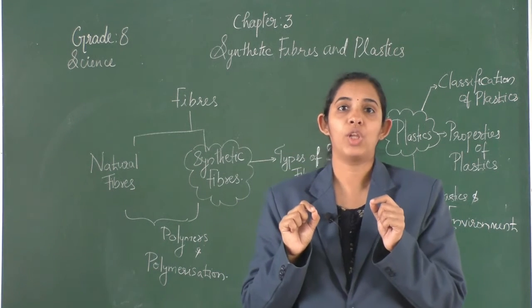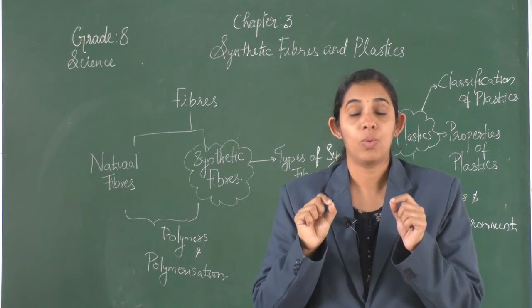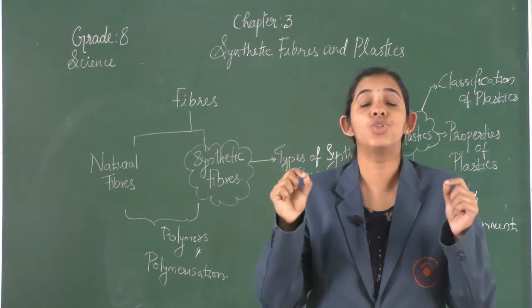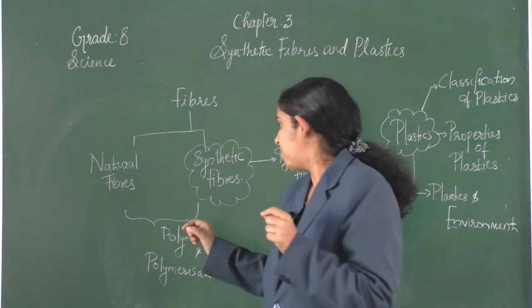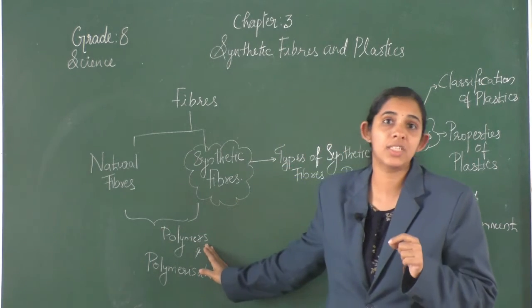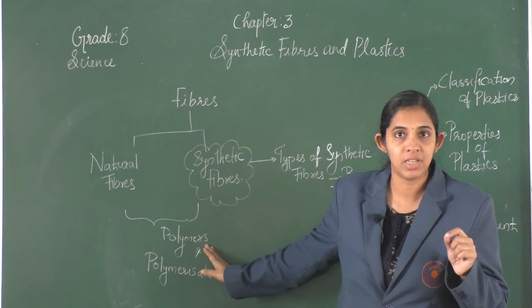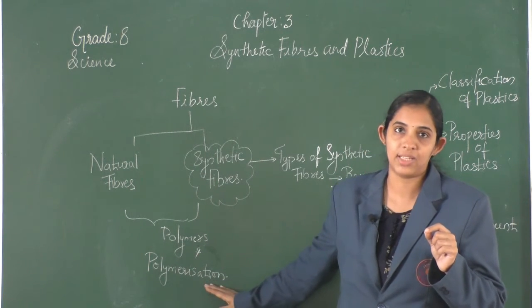And these small molecules which are identical, we call monomers. So a lot of monomers join together to form a polymer. And the process by which the monomers join together to form polymers, we call polymerization.